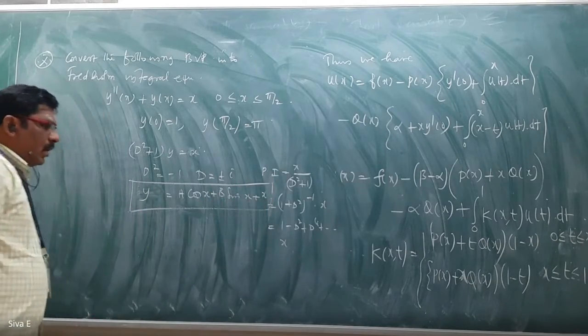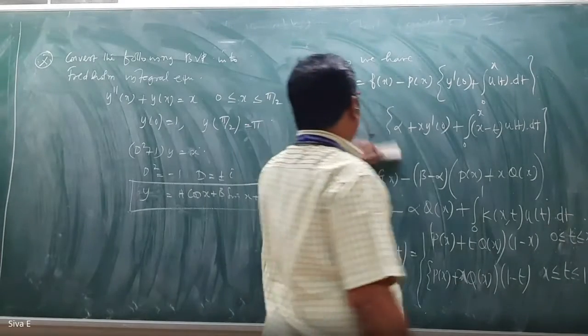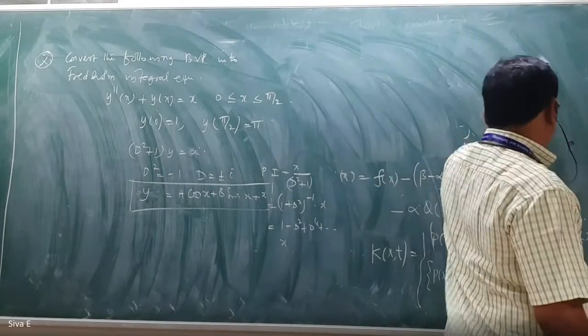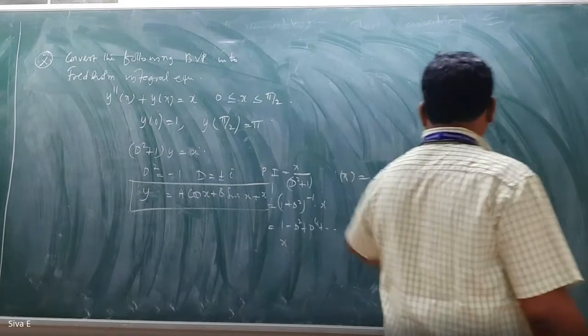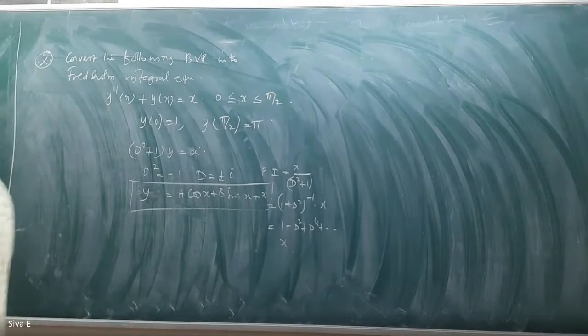But I need to find the Fredholm integral equation for the boundary value problem. So how to find the Fredholm integral equation for this problem? What is the procedure here? First we have to write y of x.